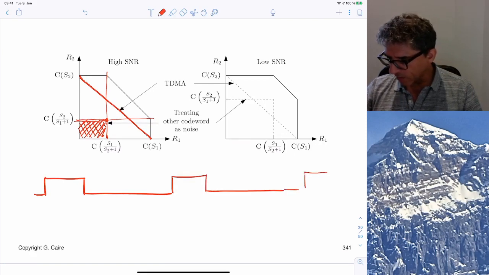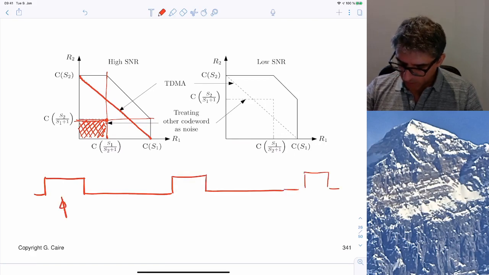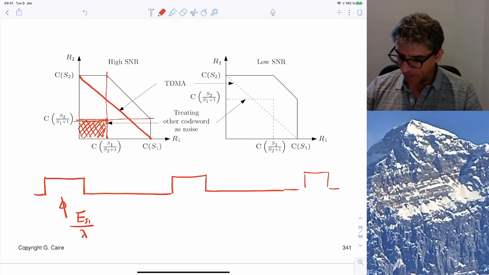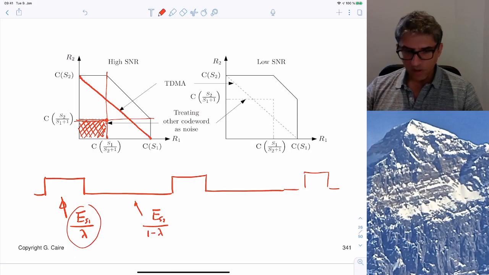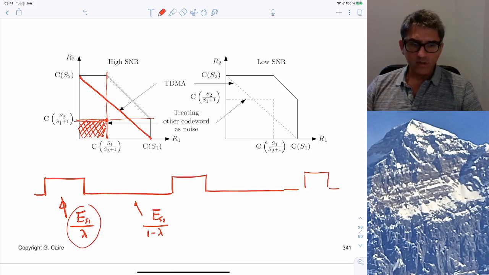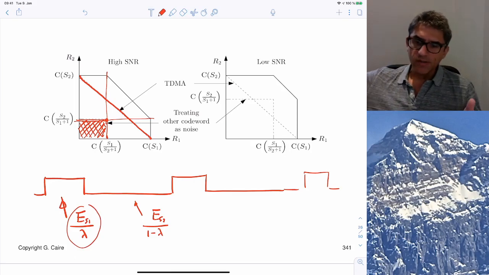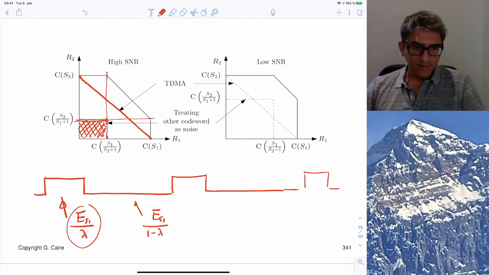So while we are transmitting, instead of transmitting ES1, we can transmit ES1 divided by lambda. And instead of transmitting ES2, we can transmit ES2 divided by 1 minus lambda. Because we can use a larger energy per symbol when the user is active, since the user is idle for a certain time.